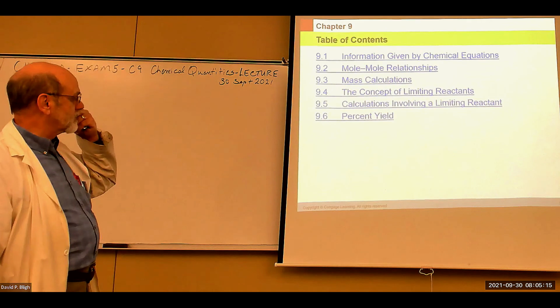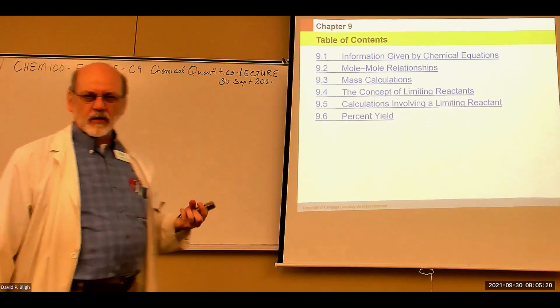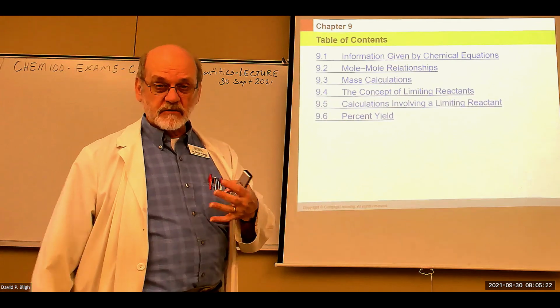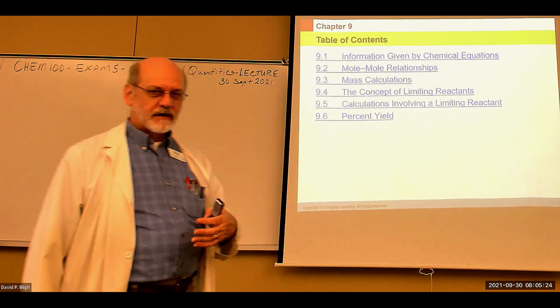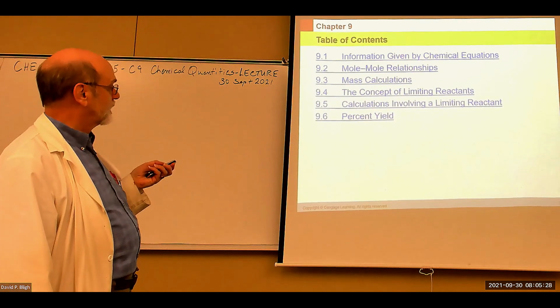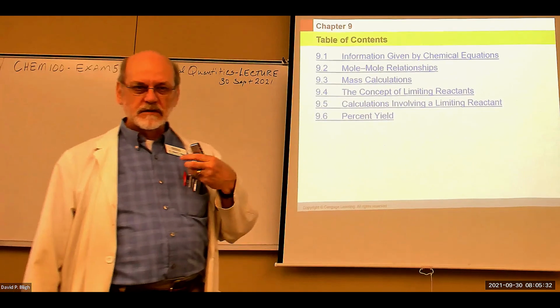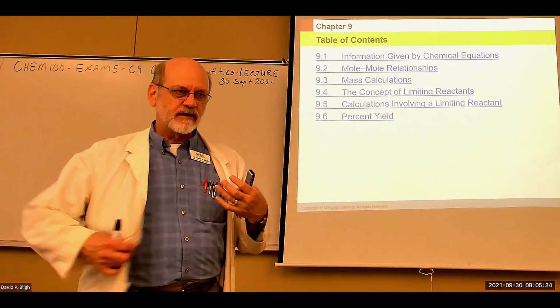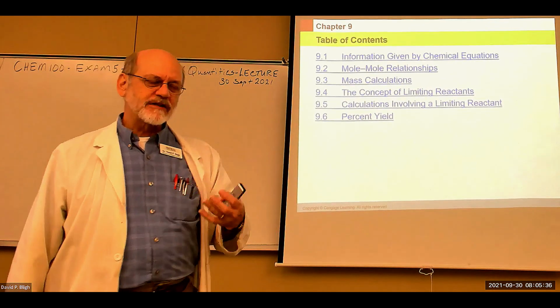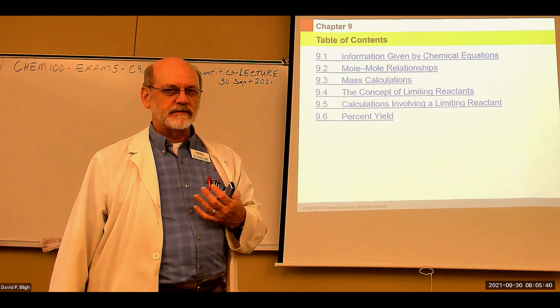Let's see, we're going to cover things like, once we balance the equation, which we've learned how to do, what good is it? What do you get out of a balanced equation? And then that will lead us to mole-mole relationships. In other words, when a reaction takes place, it's not the mass that's important.